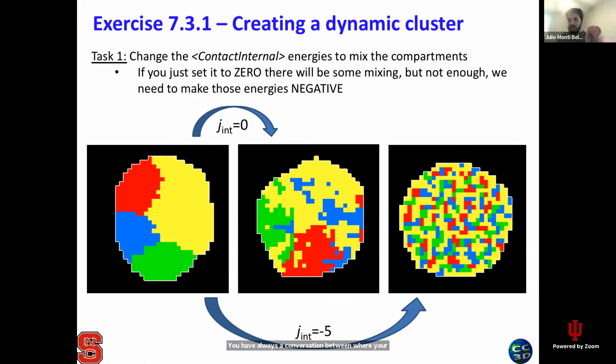So you have this spatial correlation of the lattice sites belonging to the same cell, due to the way that you actually create new lattice sites of a given compartment or a given cell. So the way to actually force the whole thing to mix is by giving negative additional energies to those compartments, because that will actively promote the mixing between compartments.